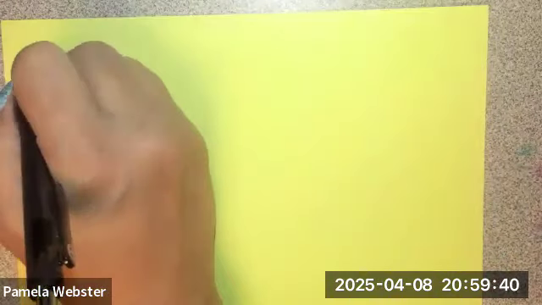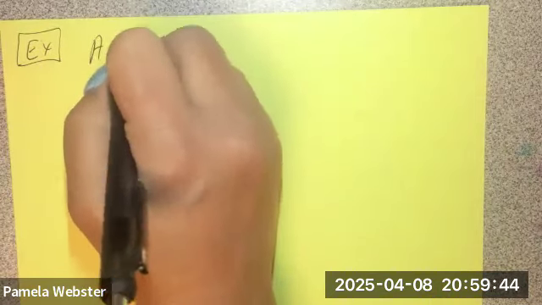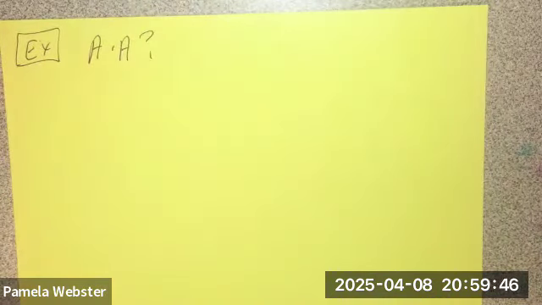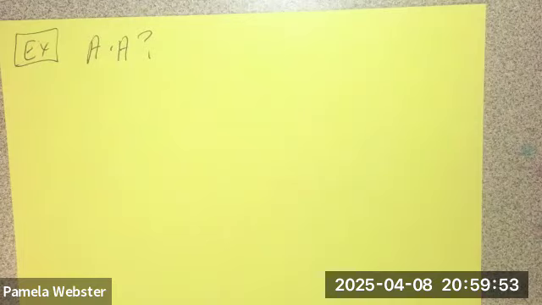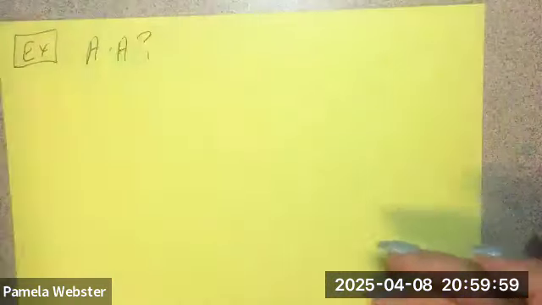It'll be fun. Okay, so my next example is, can I do A times A? You can multiply it and see for real if you wanted to, but I just want to know, is it even possible to do that multiplication? Remember, A was a 3 by 2.